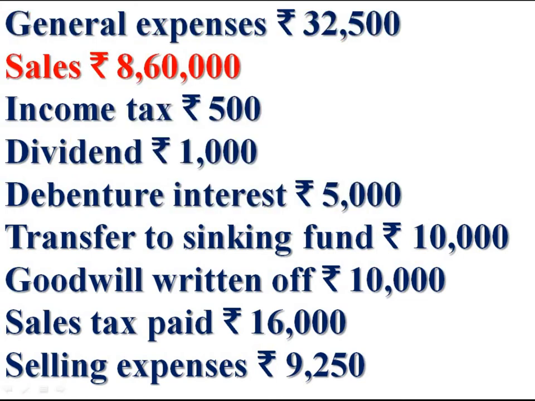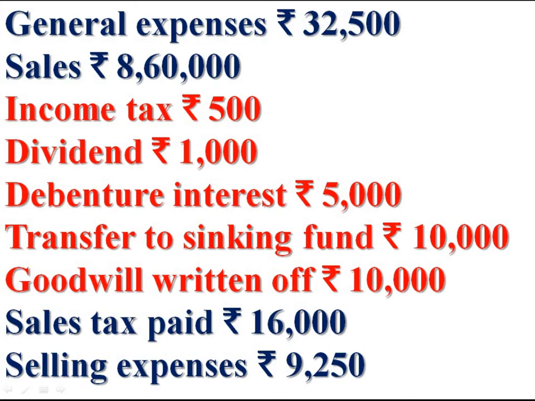We are given sales, then income tax, dividend, transfer to sinking fund, goodwill written off, debenture interest. These are pure financial items. Income tax is appropriation of profit. Dividend is an appropriation of profit. Debenture interest is pure financial expenditure. Transfer to sinking fund, it is appropriation of profit.